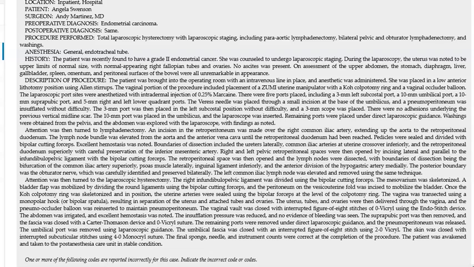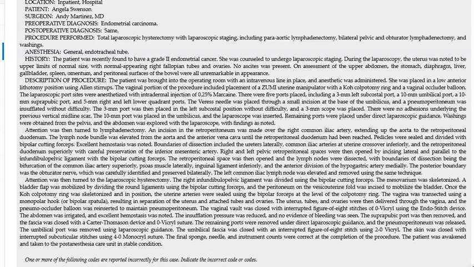Attention was then turned to the lymphadenectomy. An incision in the retroperitoneum was made over the right common iliac artery extending up to the aorta to the retroperitoneal duodenum. The lymph node bundle was elevated from the aorta and the anterior vena cava until the retroperitoneal duodenum had been reached.